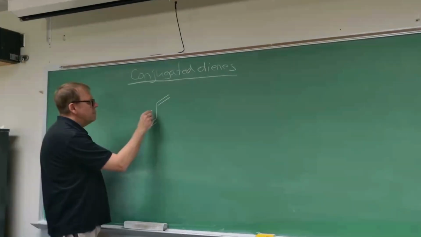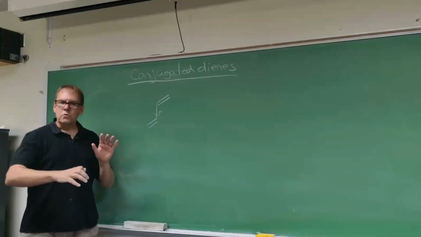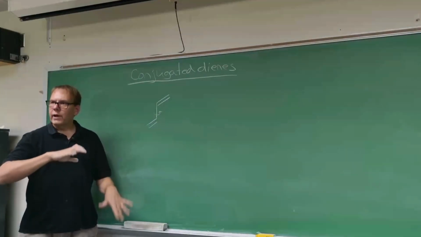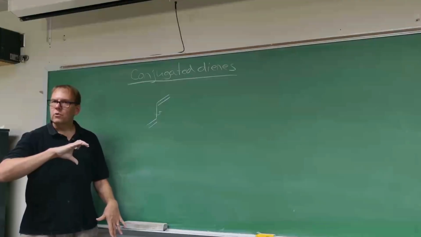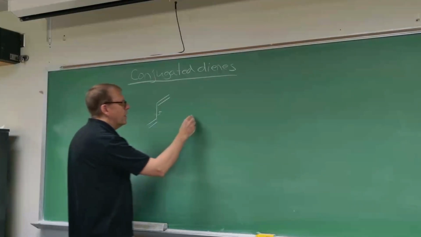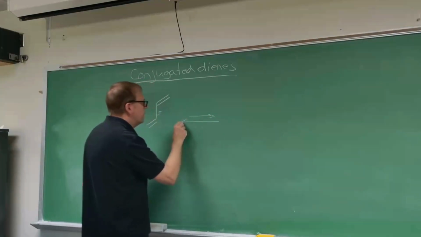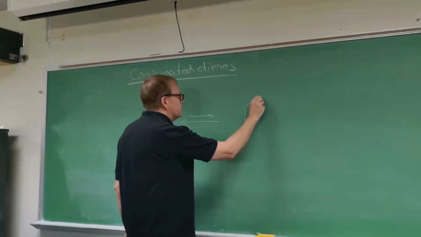Then you could rotate about this carbon-carbon single bond in the middle. And when you rotate it, you're going to break the conjugation because the p orbitals can't overlap until you reach another planar conformation. So there is going to be another conformation of this molecule that looks like this.